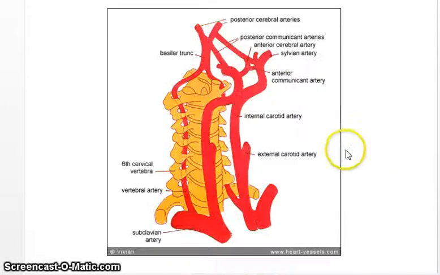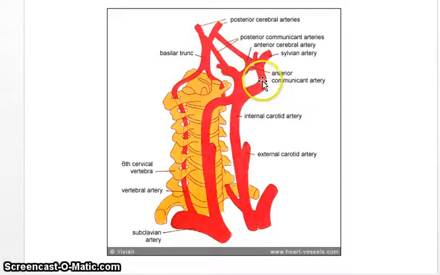So again, I kind of like looking at this drawing. It's more of a 3D rendition. It's just easier for me to visualize. So again, you've got your internal carotid artery. It bifurcates into here is your anterior cerebral and your middle cerebral. And again, that middle cerebral keeps going up into the brain.